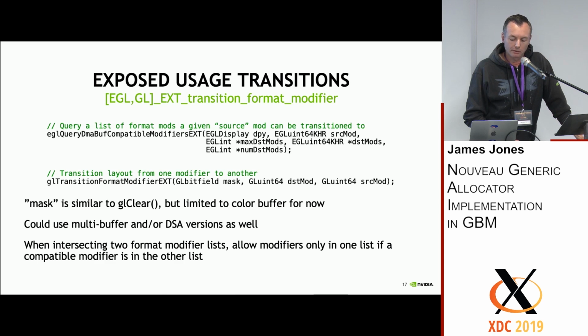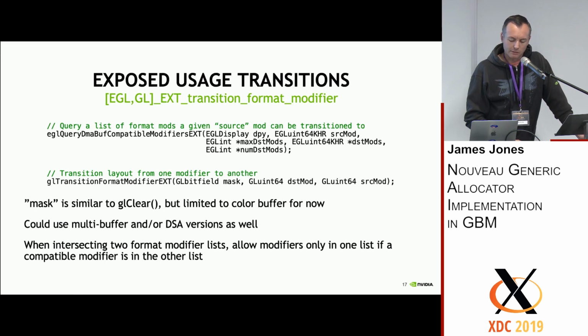So this is pretty similar to the existing DMA buff format modifier queries that are out there now. There's an EGL command that lets you query a set of format modifiers that are compatible with a given source format modifier. So this will either return you an empty list or some other set of format modifiers. In the case of Nouveau, it will return you exactly one other format modifier right now that has the opposite compression bit set, basically. So if you pass in a compressed format modifier, this will return you the uncompressed equivalent, and vice versa.